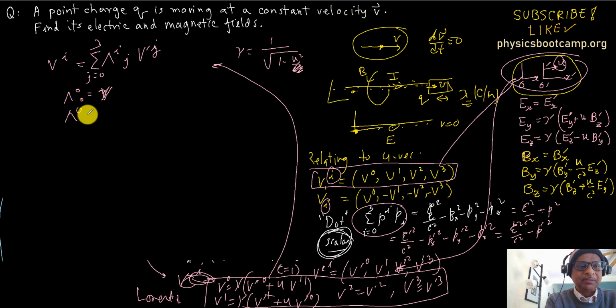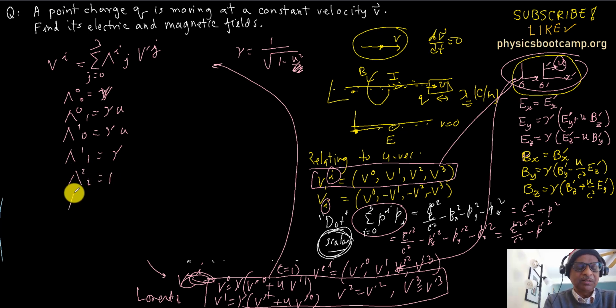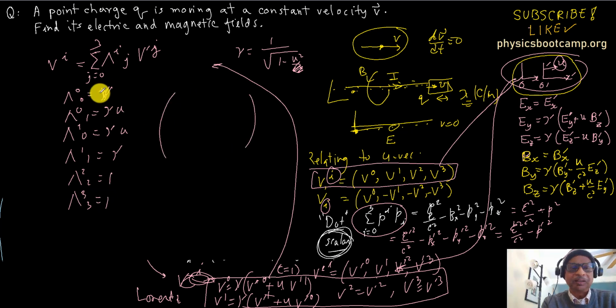Then lambda 0 1 is gamma times u, lambda 1 0 is gamma times u, lambda 1 1 is gamma, lambda 2 2 equals 1, lambda 3 3 equals 1, and everything else is 0. So you organize this nicely: gamma, gamma u, 0, 0; gamma u, gamma, 0, 0; 0, 0, 1, 0; 0, 0, 0, 1.